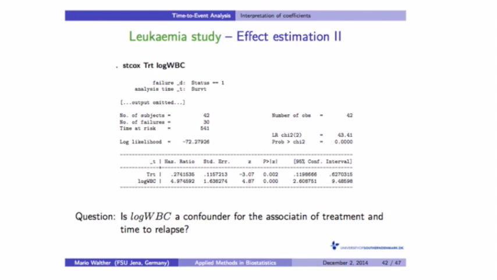So you have a relative increase of the hazard rate ratio from 0.22 in the model without the logarithm of white blood count cells to 0.27. So you would think that the logarithm of white blood count cells is a confounder.